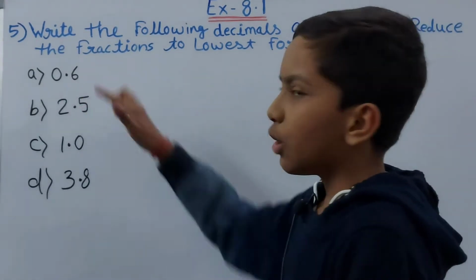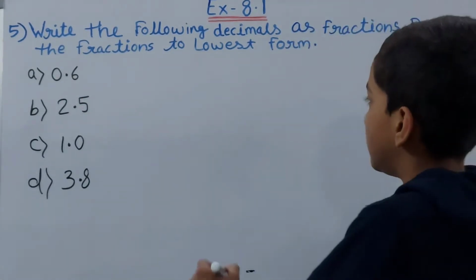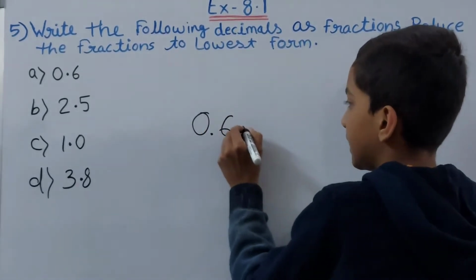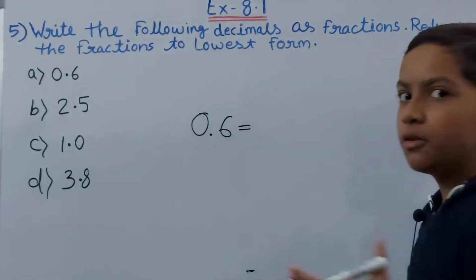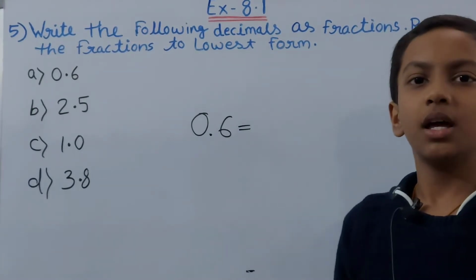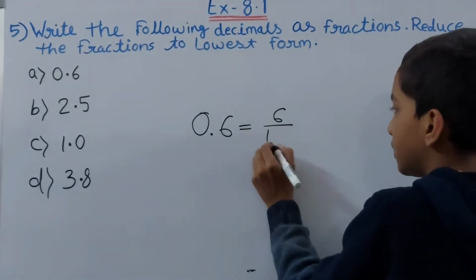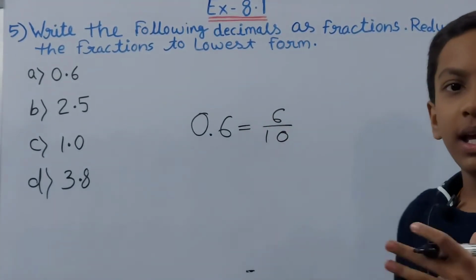So this is 0.6. First of all, let's convert 0.6 into a fraction. When this converts into a fraction, it becomes 6 upon 10.